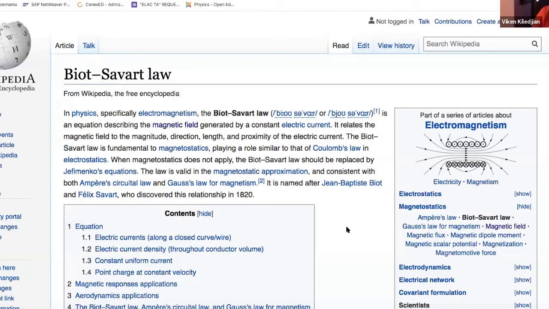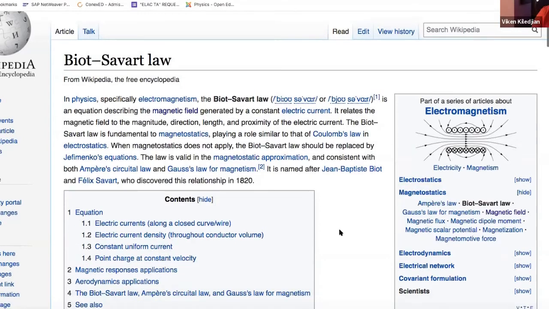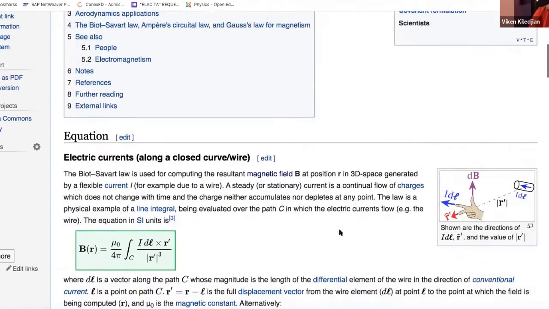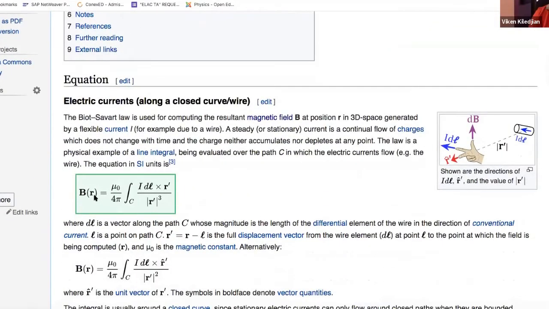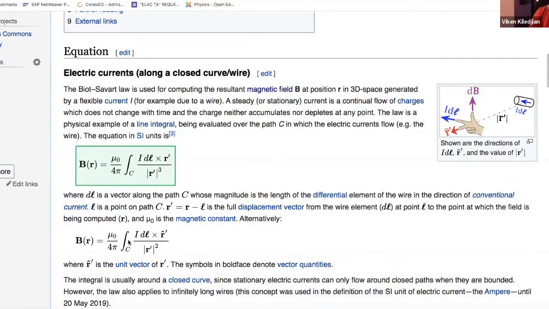Okay, so how does the law go? Yep, this is it. B is mu 0 over 4 pi I dl crossed into r hat over r squared. I usually write it this way, with the r hat over the r squared.